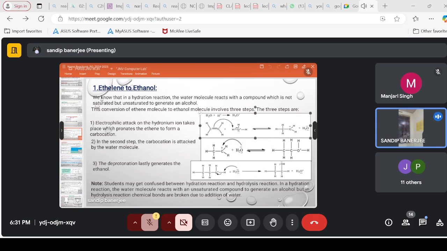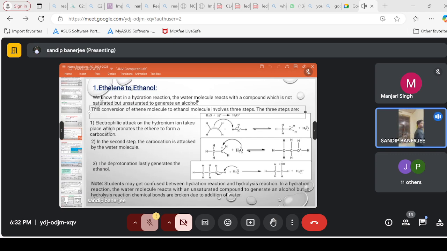And in the next stage, the next step is the addition of water on the carbocation. Since the carbocation is formed in this case, the water molecule can attack from the top side as well as from the bottom side to form this one. And in the last stage, the elimination of the proton, which is trapped in the first stage, because the supplier of this H plus is the catalyst, means the acid basically.